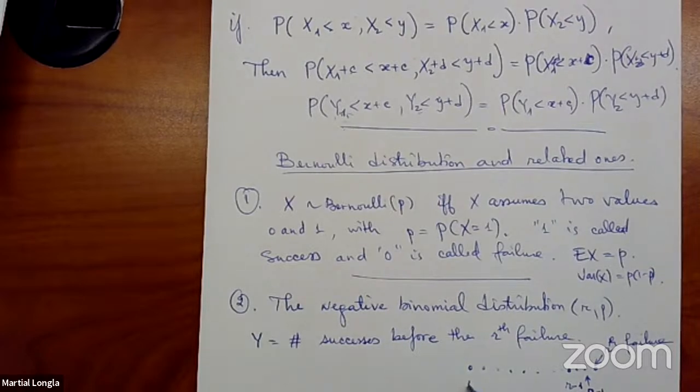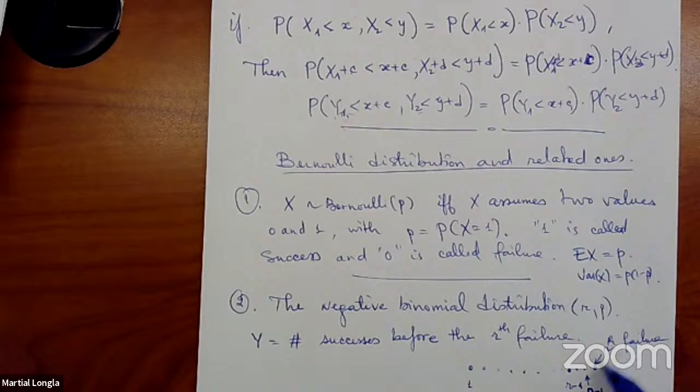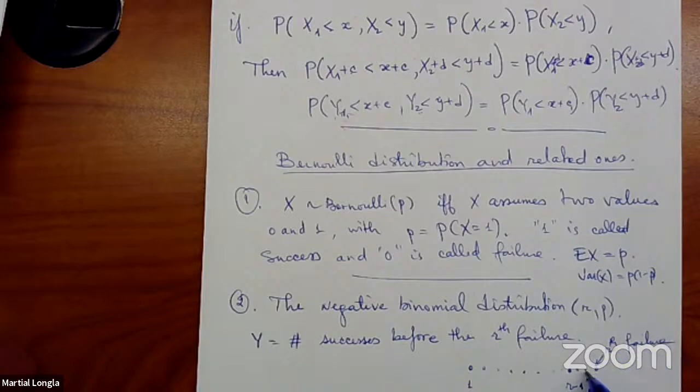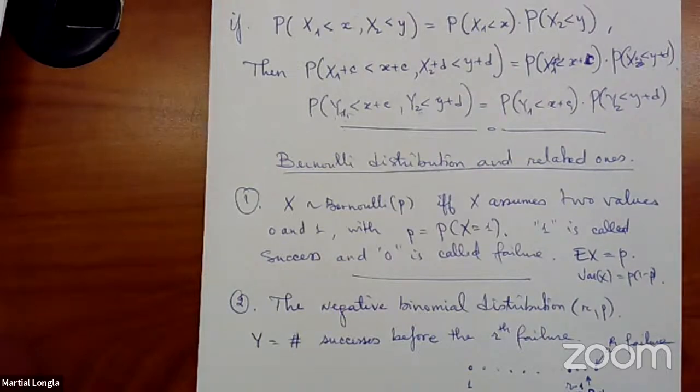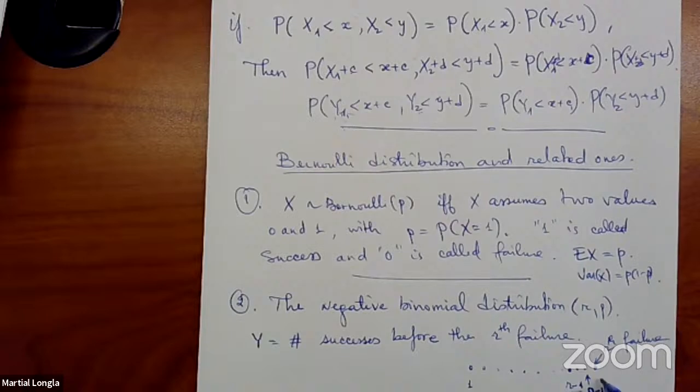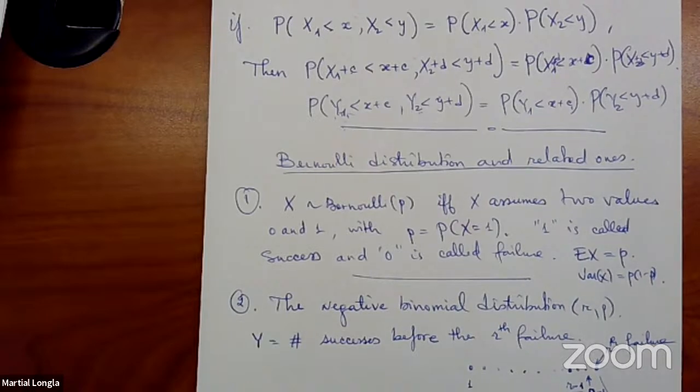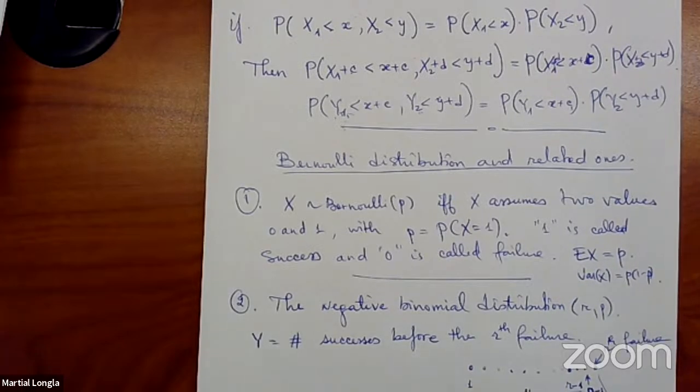So you start here, first row, 1, 2, 3. Somehow there you are accumulating your failures. And just prior to the last failure, which is the R failure, you don't know what is happening, but you just know that for sure, before that, you have R minus 1 failures. And you want to stop here. Let's not take N as we were used to before; call this Y, that's the variable.